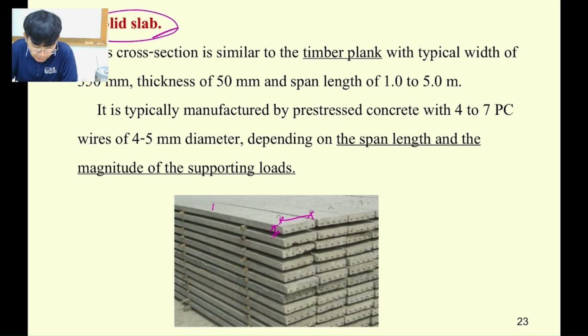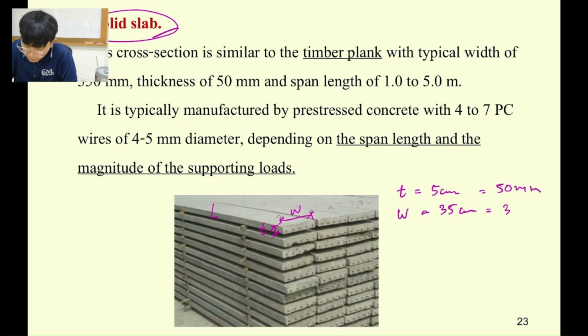The thickness of the slab is fixed at 5 centimeters, and the width of the slab is fixed at 350 millimeters, but the length is going to vary. It depends on your span.